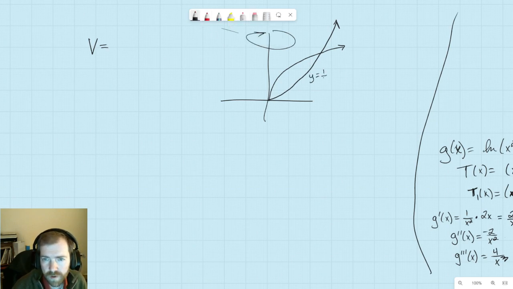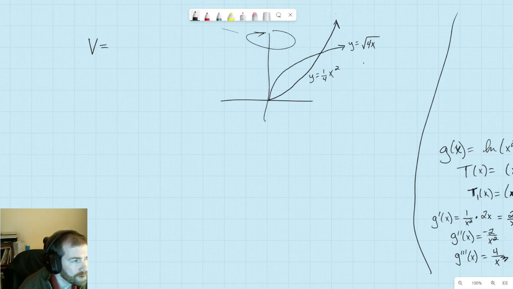Y equals 1/4 x squared, and y equals square root of 4x. Find the volume of this thing as it's going around the hole.